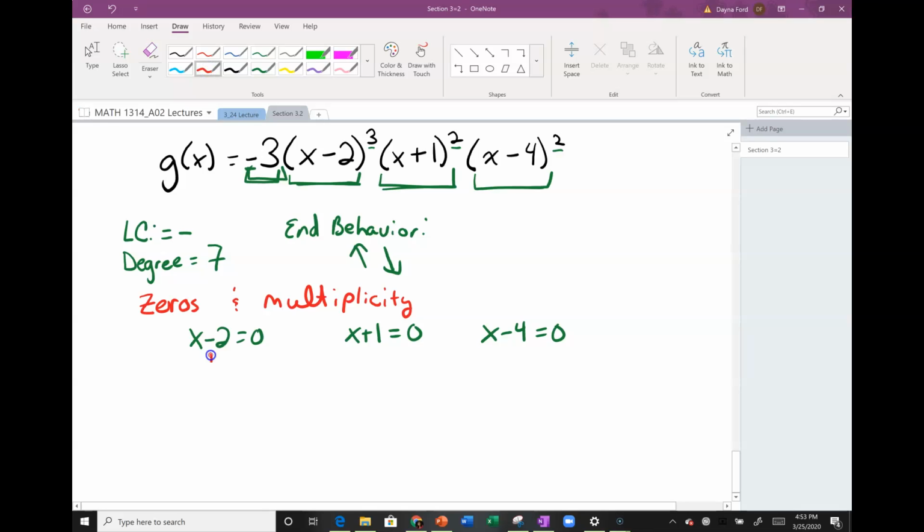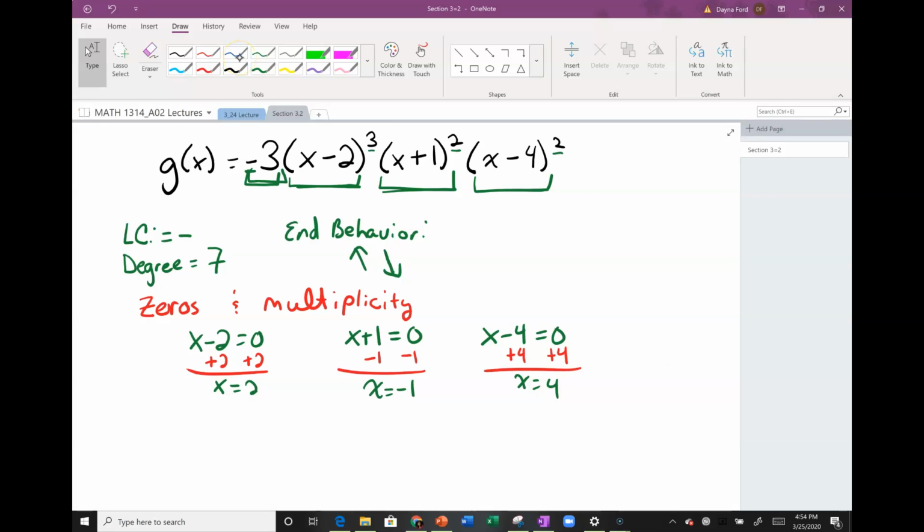And I'll solve each of these. I'm going to add 2 to both sides, and so I get x is equal to 2. I'll subtract a 1 from both sides, so I get x is equal to negative 1. And then I'll add 4 to both sides, so x is equal to 4.